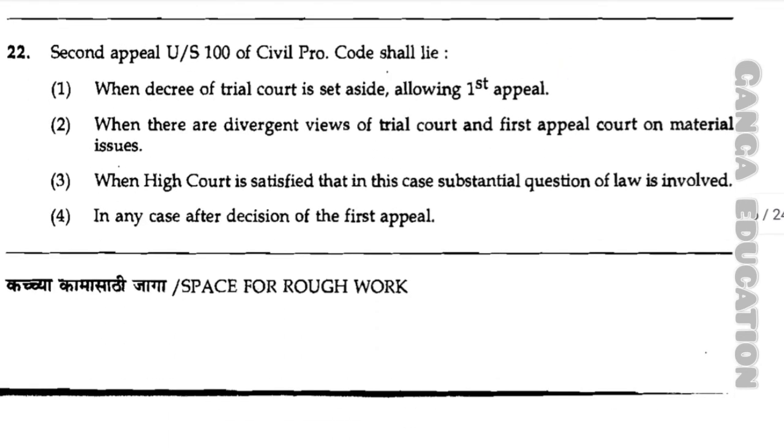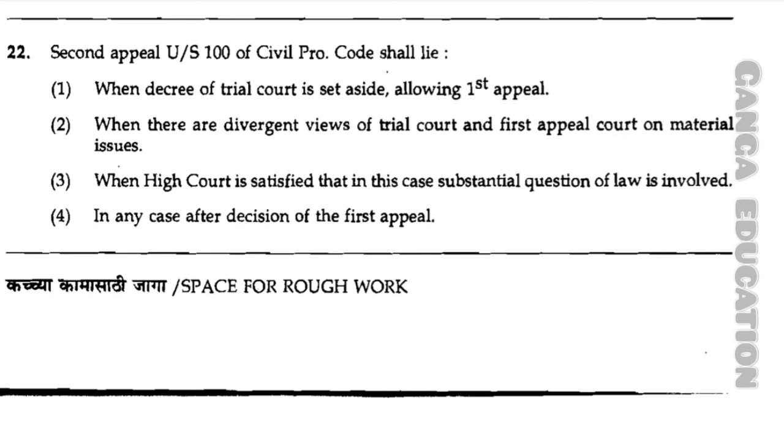Now question number 22. Second appeal under section 100 of Civil Procedure Code shall lie. Option number 1, when decree of trial court is set aside, allowing first appeal. Option number 2, when there are divergent views of trial court and first appeal court on material issues.